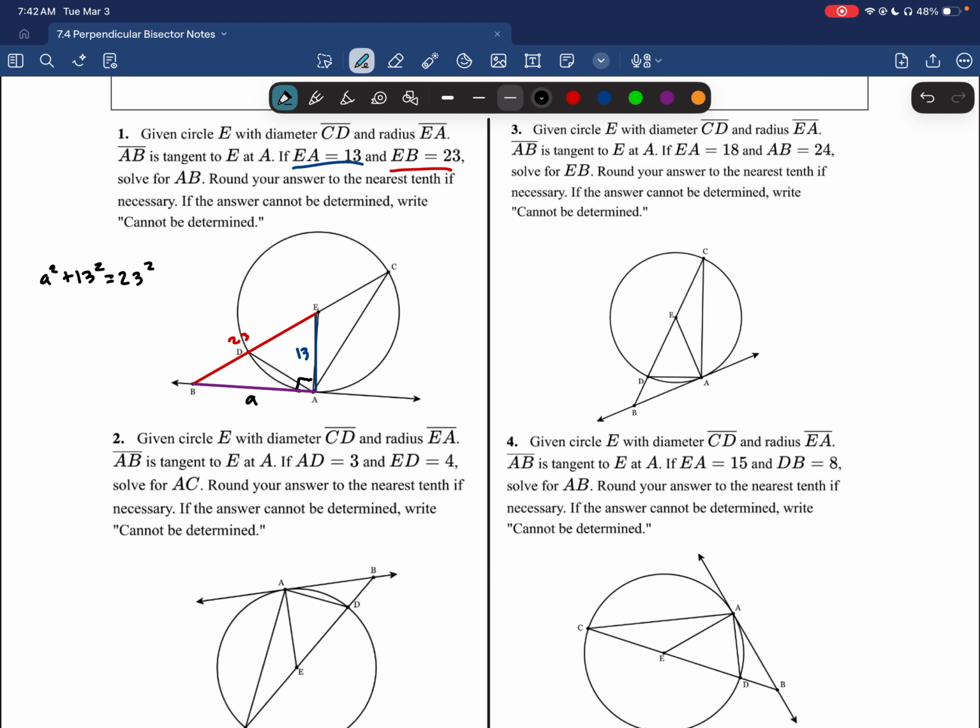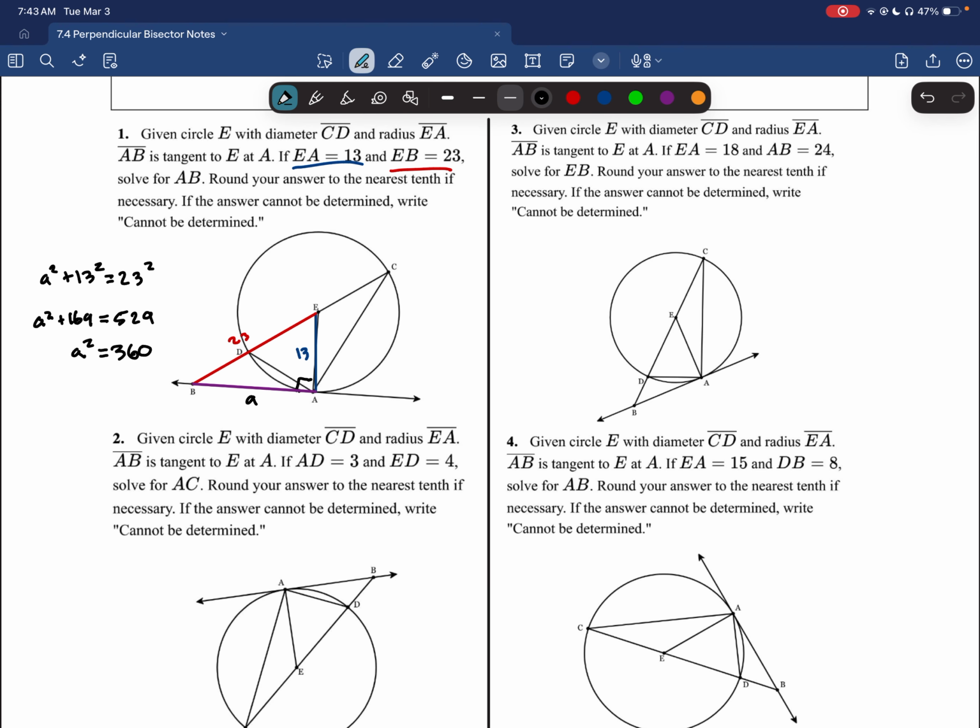All right, so let's simplify. We've got A squared plus 169 is equal to 23 squared, which is 529. Then we've got to solve for A, so I'm going to subtract 169 from both sides. That's going to leave me with A squared is equal to 360.